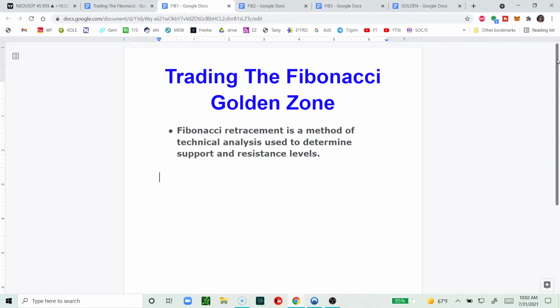But in the meantime, whilst you're busy acquiring that skill to identify areas of support and areas of resistance, the Fibonacci retracement tool could actually help out. And it basically automates the process of drawing your support and resistance lines. So that's the very first thing to be sure of what this Fibonacci retracement actually is.